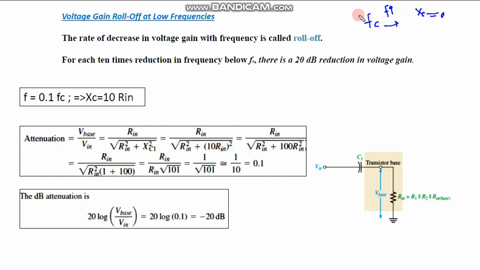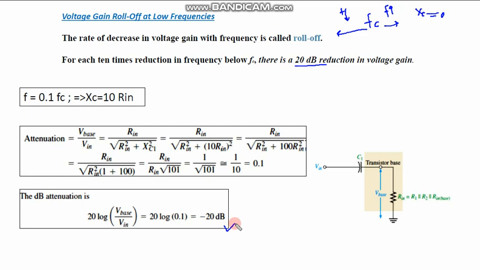But when the frequency decreases further down below the critical frequency, there is a 20 dB reduction in the voltage gain. So we can prove this, which is given by this equation.